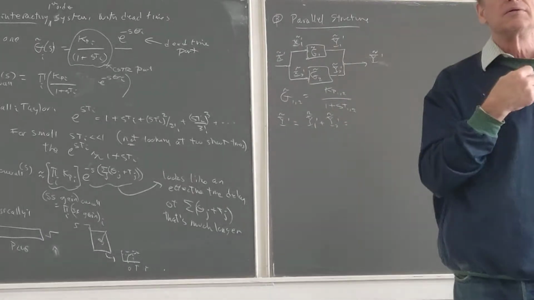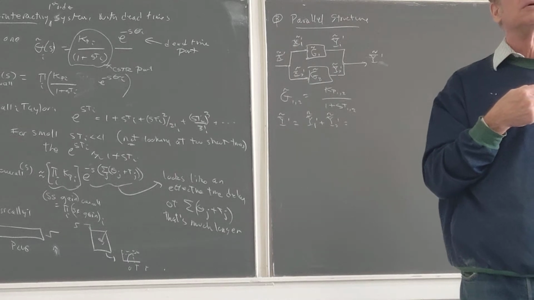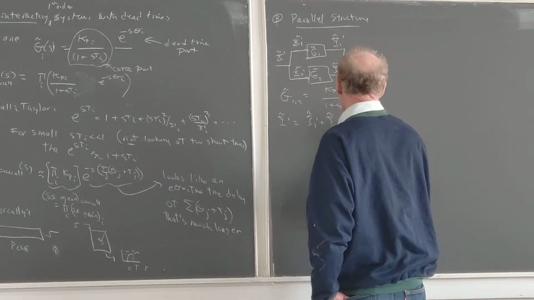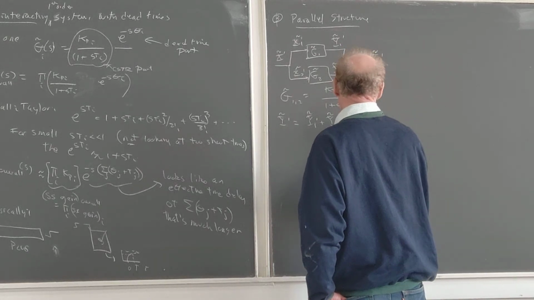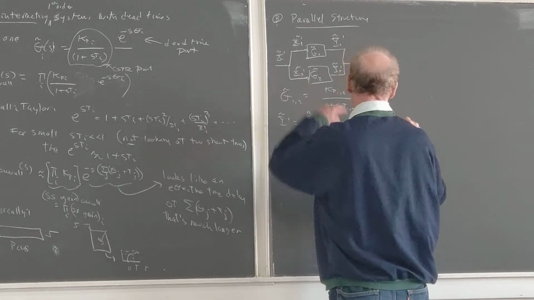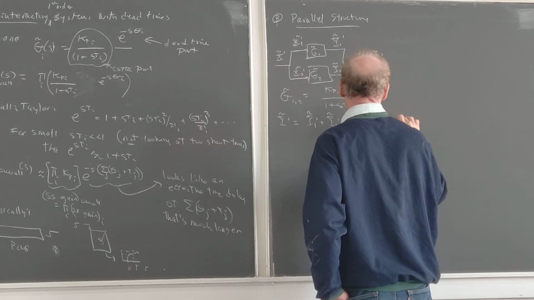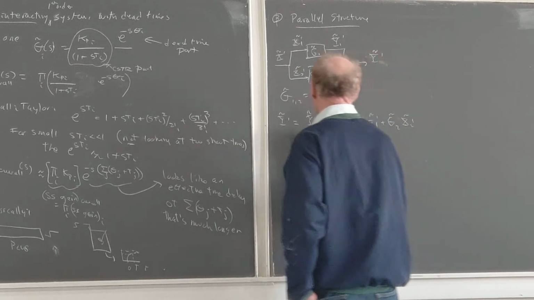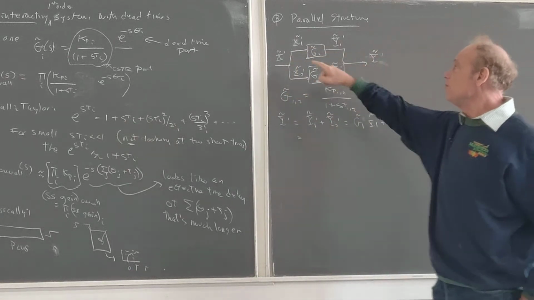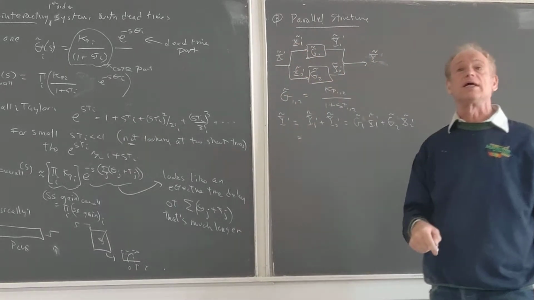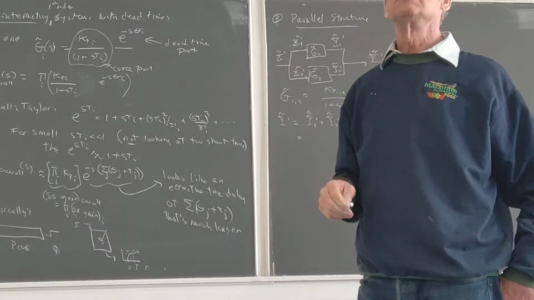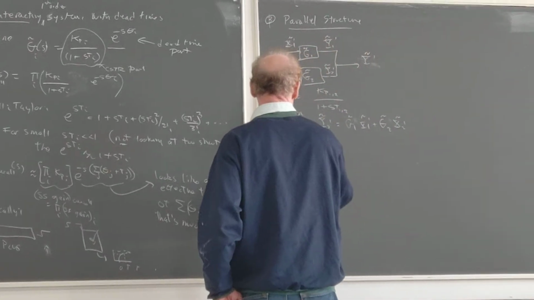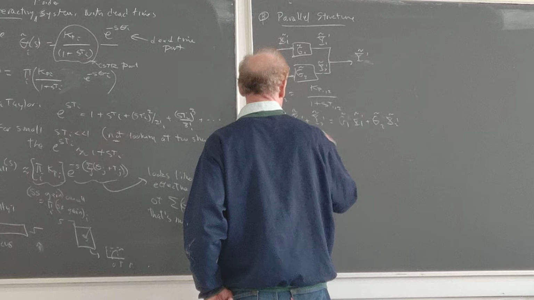Is it the product of x1 prime and g1? Yes. So this is just g1 tilde x1 prime tilde plus same thing down here, g2 tilde x2 prime tilde. And what do I know of this split from x goes to x1 and x2? They're equal. So this is just equal to g1 tilde plus g2 tilde times x prime tilde.